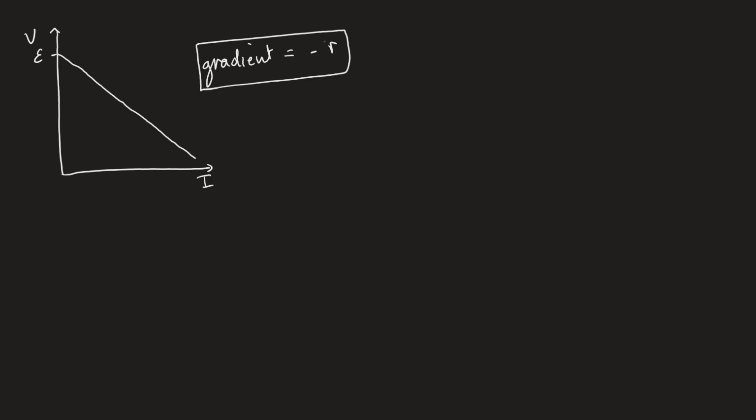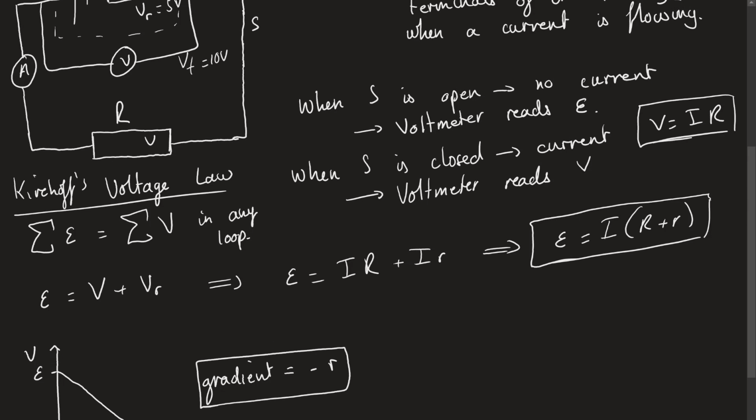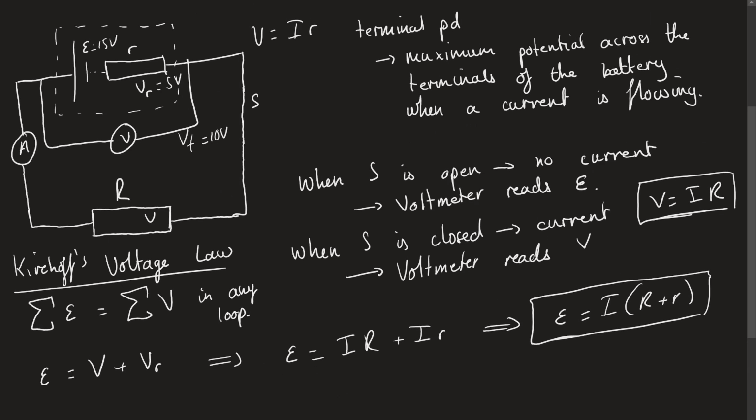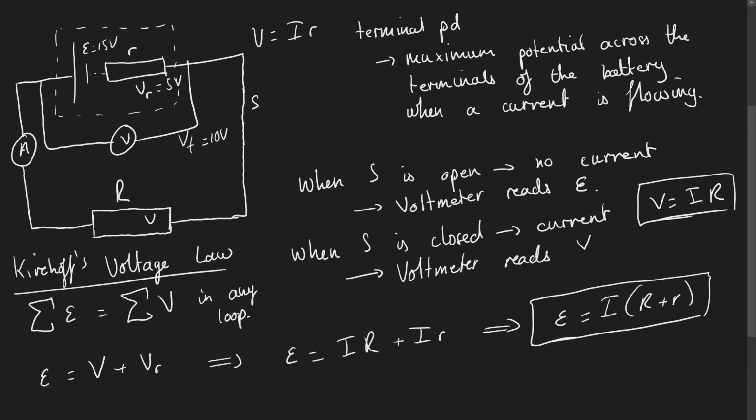Okay, so these questions tend to be tricky for people purely because of this idea of the terminal PD being different to the EMF. I would say in your head, whenever you're tackling any electrical circuit, always try to follow the path of an electron and see what it has to go down, if it has to collide through that thing, and so on.